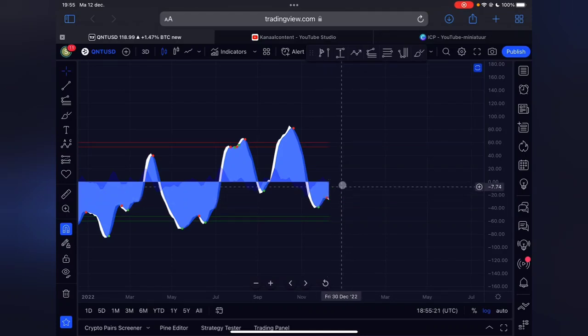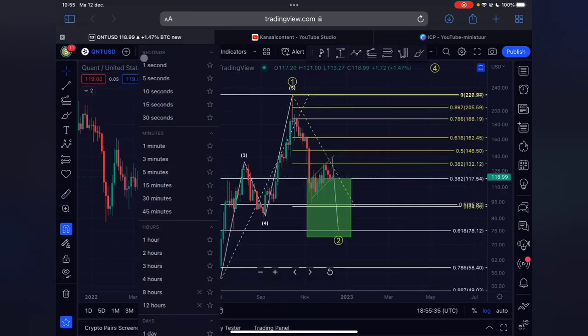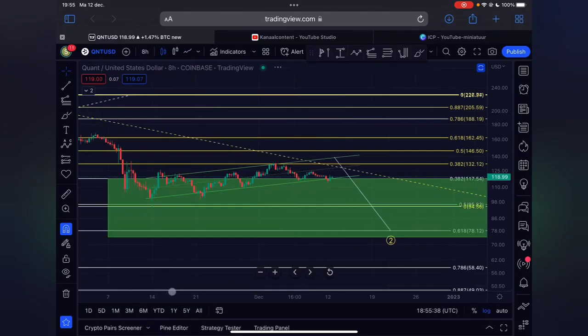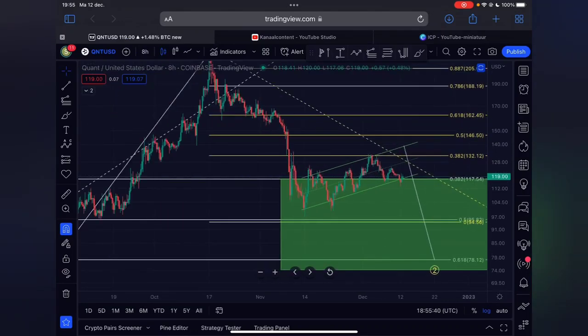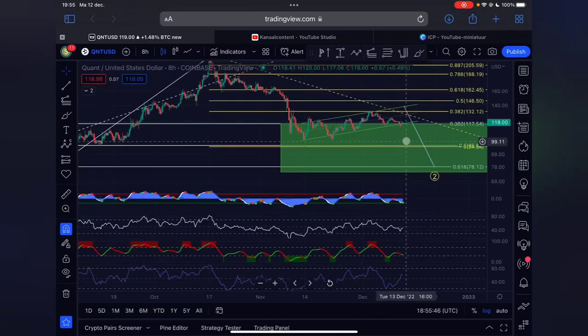So in the immediate short term, I think the price for Quant is due for a break towards the downside. But only a breakdown below $109 would confirm this break towards $78. Let's also take a look at the 8-hourly time frame quickly. On the 8-hourly time frame, the momentum at the moment is bullish. We are seeing a buy signal, which basically means, guys, that we can still move a little bit higher within this bear flag before potentially breaking down.